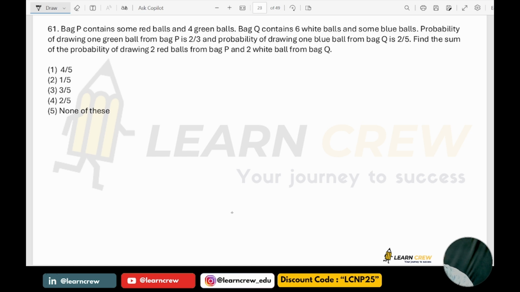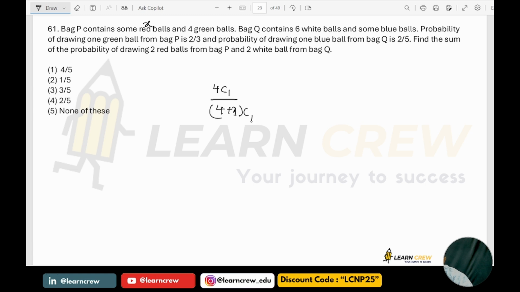So in bag P, there are X red balls and 4 green balls. Out of 4 plus X balls, drawing one green ball is 4C1 divided by 4 plus XC1.